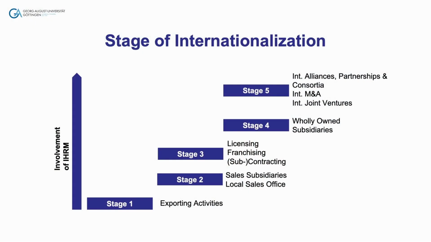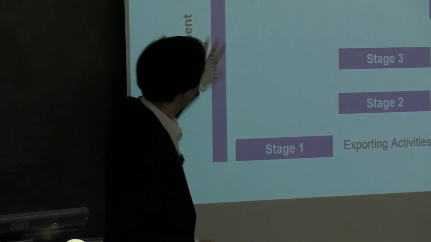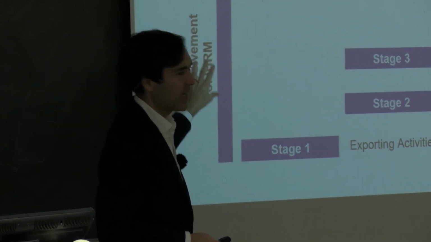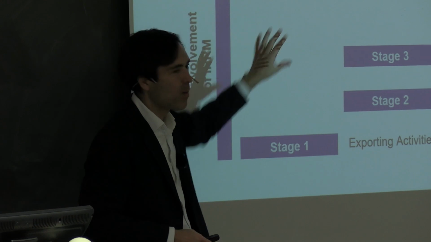So the next topic here, another influential factor for global staffing, is the degree of internationalization, or the internationalization stages. We have here a figure. So on the one hand is here the involvement of how much the HR function and then also global staffing is involved in these different modes.